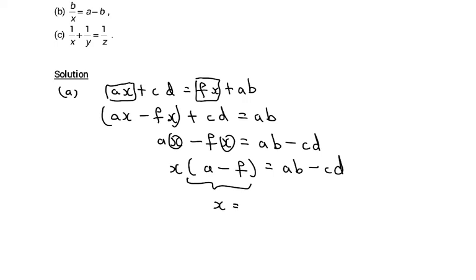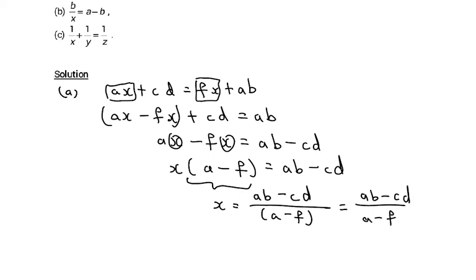So x will be equals to AB minus CD dividing by this whole bracket A minus F. So you can write it as AB minus CD over A minus F. And hence, since x is on the left hand side of the equation of the formula, x is made the subject.